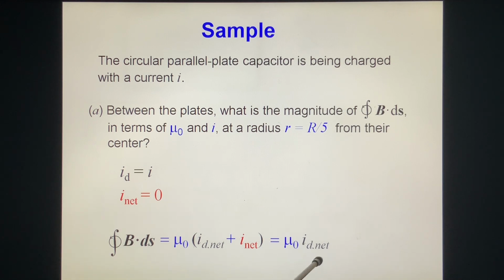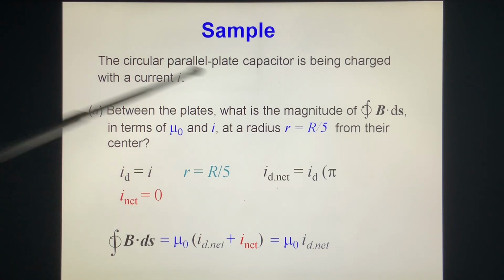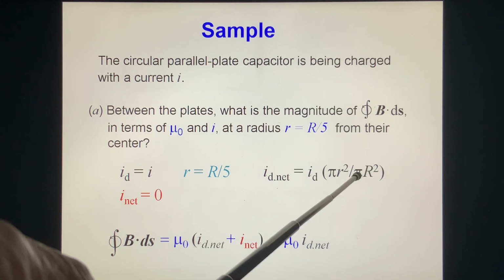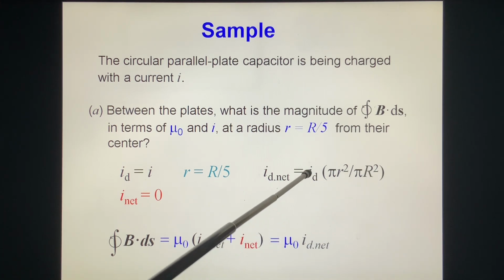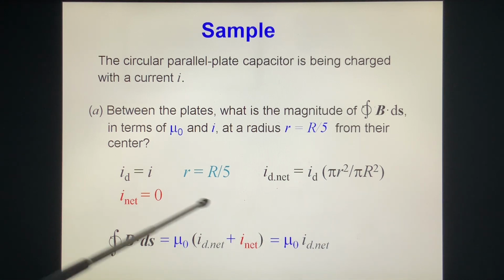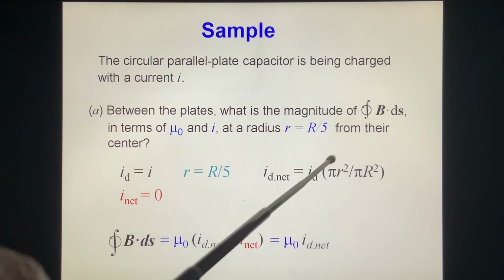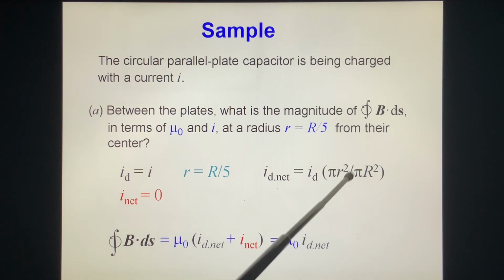What is I_D? Now, it depends on the location. I_D total is I. And for our location r, big R over pi, the I_D enclosed is I_D over pi R squared, a current per unit area, times the area of the circle, pi r squared.